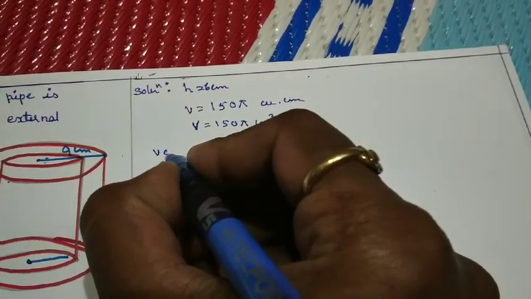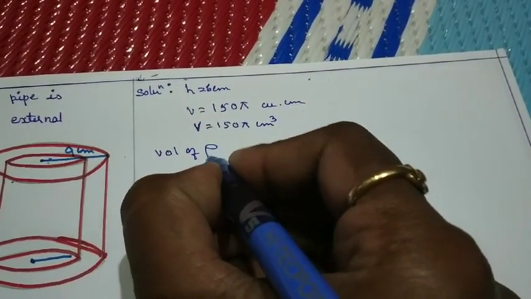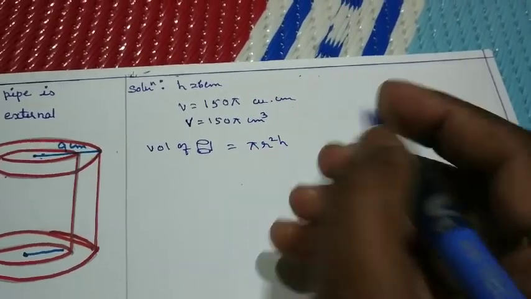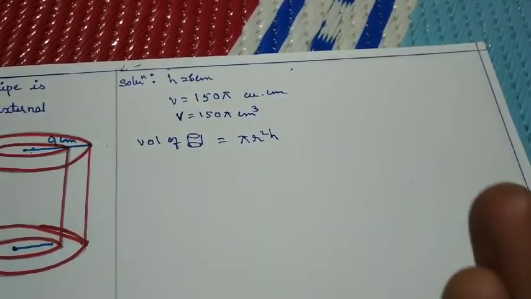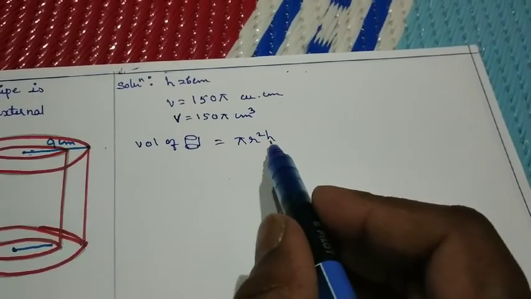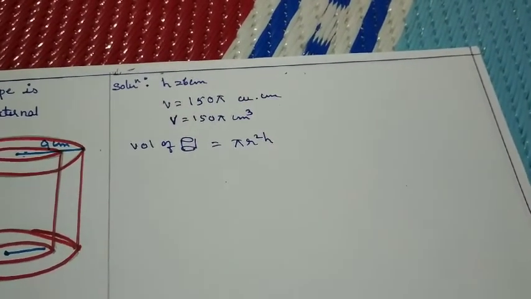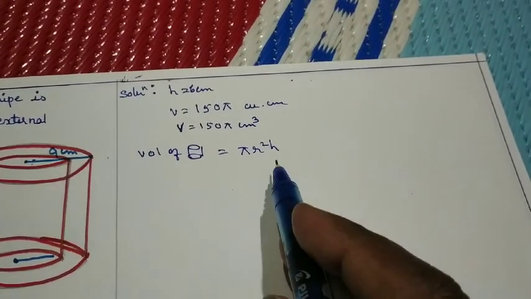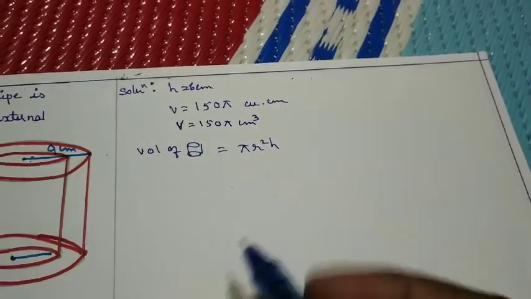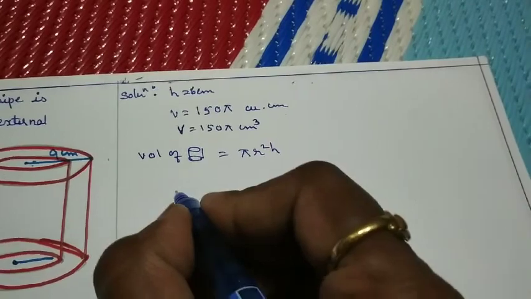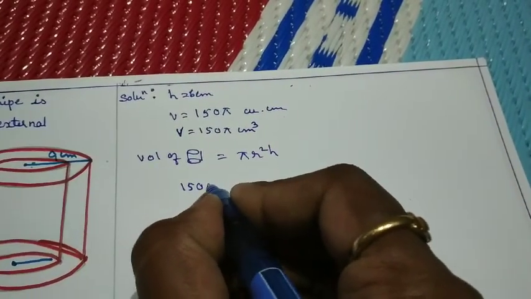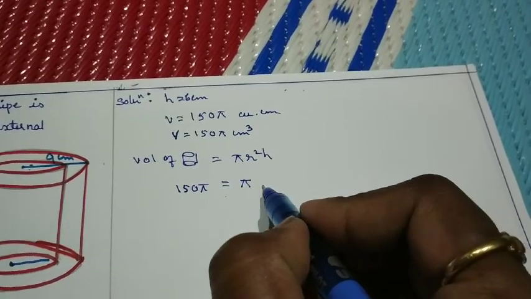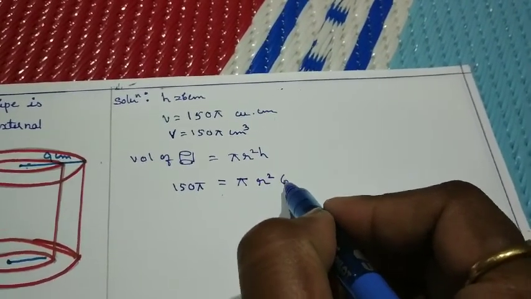So we know that volume of cylinder equal to pi r square h. He didn't speak about the internal radius or external radius, so simply pi r square h. If he speaks of volume regarding internal and external, then we'll get volume of outer cylinder minus volume of inner cylinder. So here volume is given 150 pi equal to pi r square, we do not know, and h is 6.